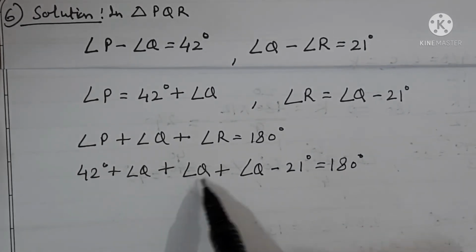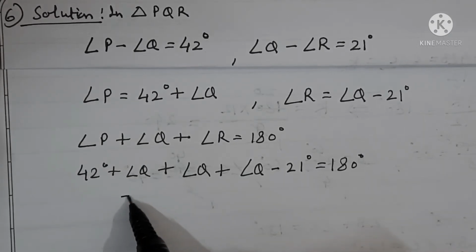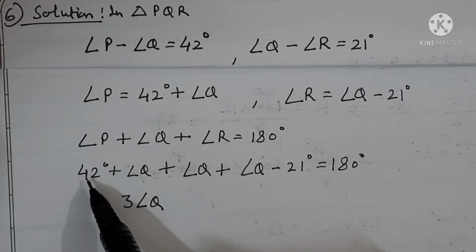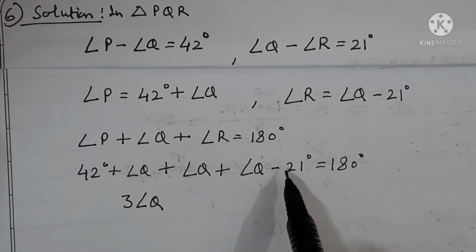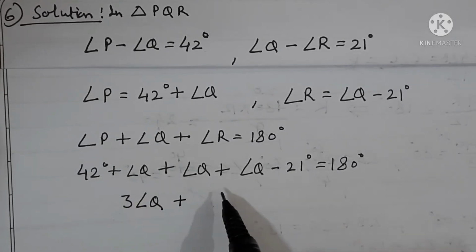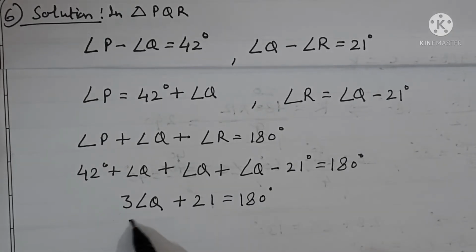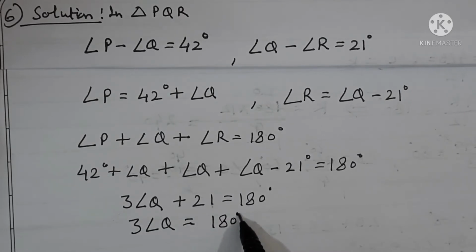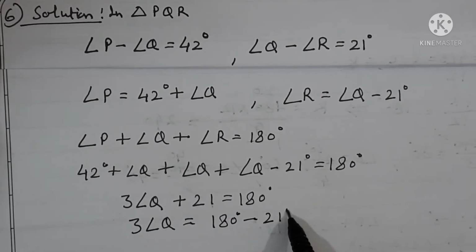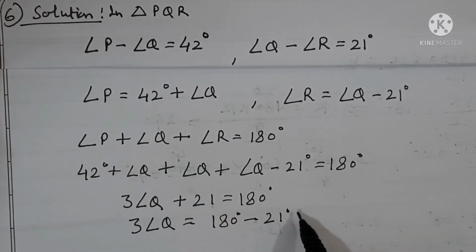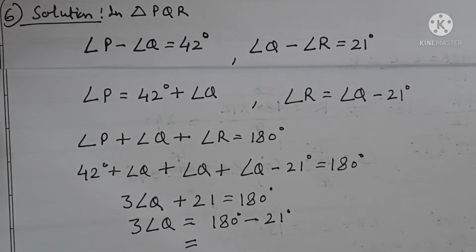Now angle Q, angle Q, angle Q, 3 times angle Q, and 42 minus 21 is equal to 21, so 3 angle Q plus 21 is equal to 180 degrees. 3 angle Q is equal to 180 degrees minus 21 degrees. Solve it and get the value of Q.